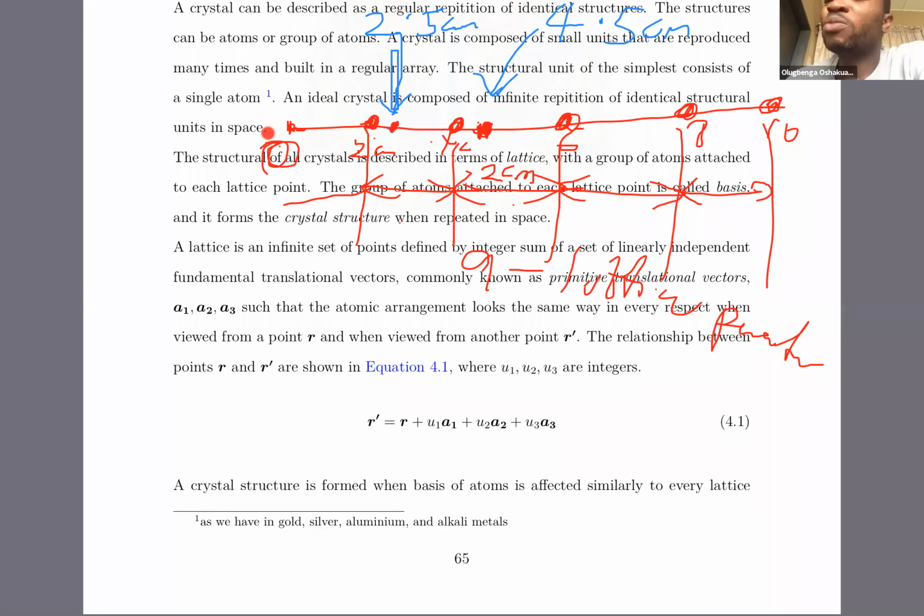But there is also something a bit different to look at. When we are talking about a cube, for example, your seasoning cube or sugar cube has a shape of something like this.